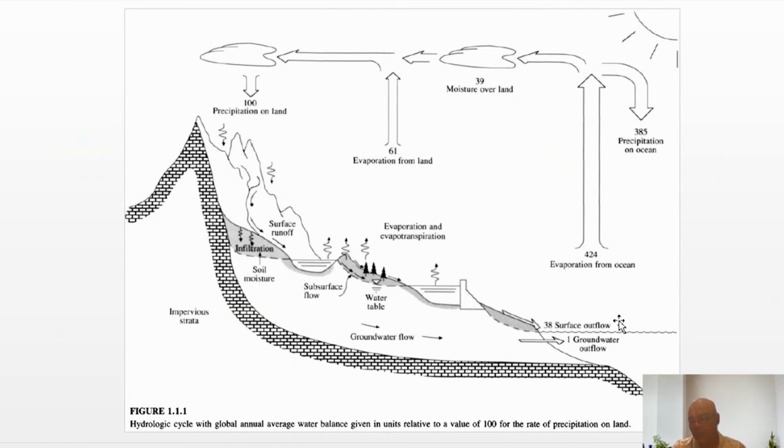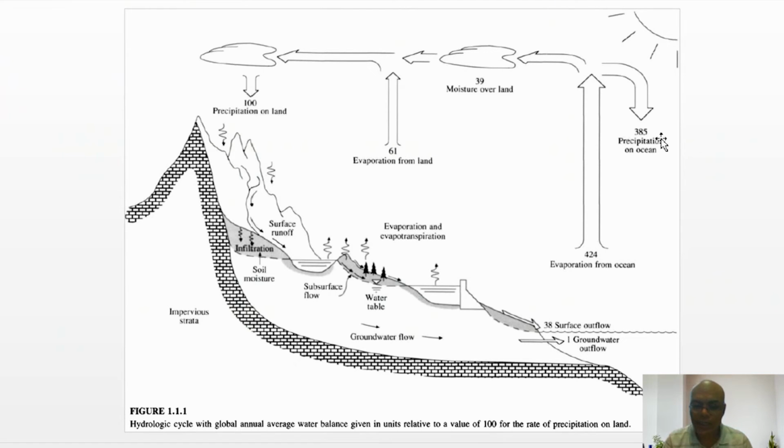And from the oceans, 424 units are evaporated. In the 424 units evaporated from the ocean, only 39 units are transported towards land, forming clouds over the land, and the remaining 385 units go back to the ocean as precipitation. Then those 39 units plus the 61 units coming from evapotranspiration total 100 units, and that 100 units again comes back to the land as rainfall.